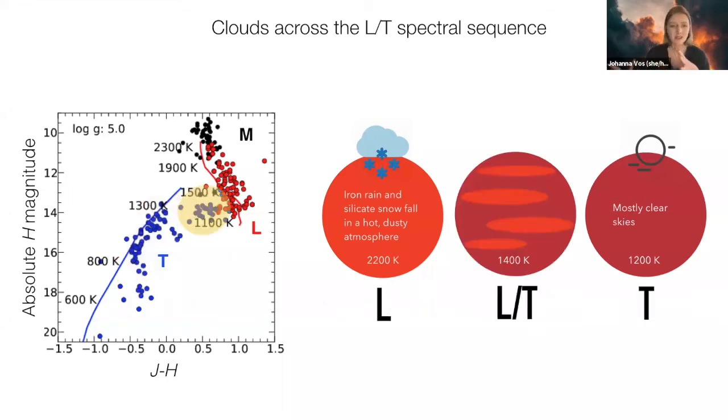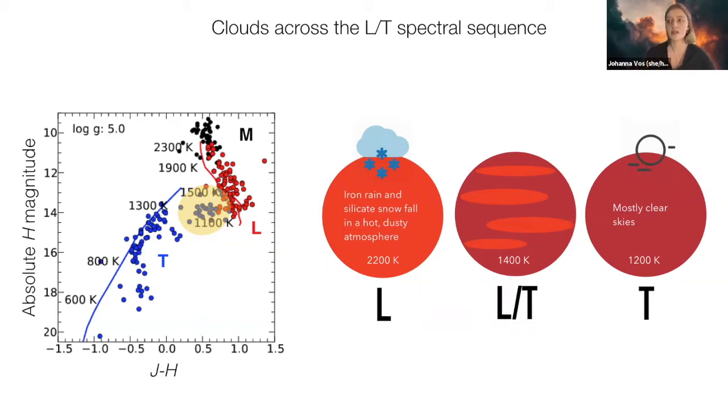The transition between the L and T spectral types, which we call the LT transition, is not very well understood. The transition happens over a very narrow temperature range of only about 200 Kelvin, but it's accompanied by a really dramatic blueward shift in the color magnitude diagram and a disappearance of these thick condensate clouds.